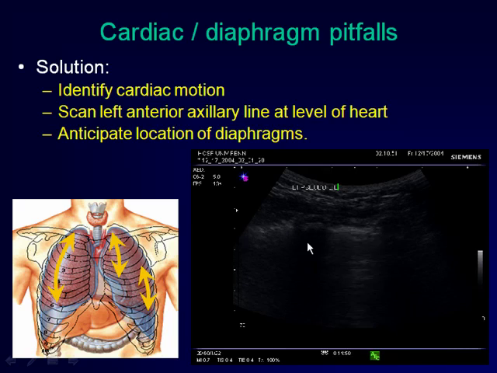A similar effect can be caused by the diaphragm sliding up and down, and again these things can be more confusing, partly because the depth is adjusted so superficially that the underlying structures are not immediately recognized. The liver, the spleen, etc. are not nearly so easily recognized as a result of being viewed in such proximity.